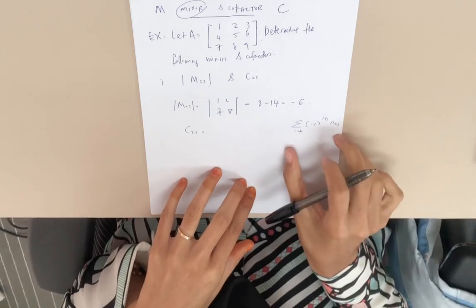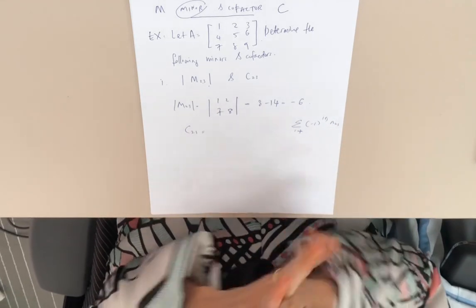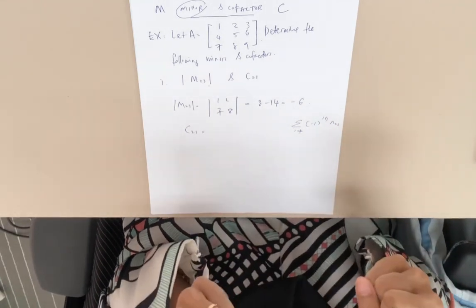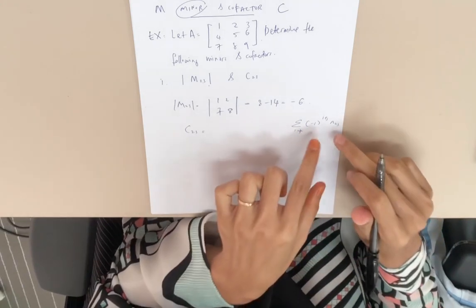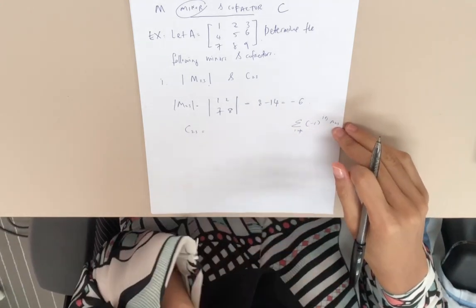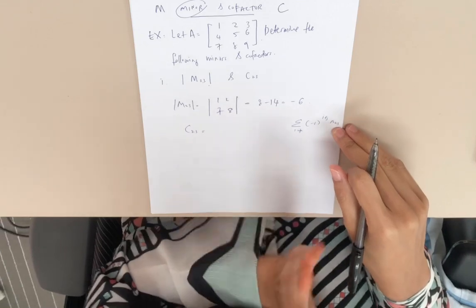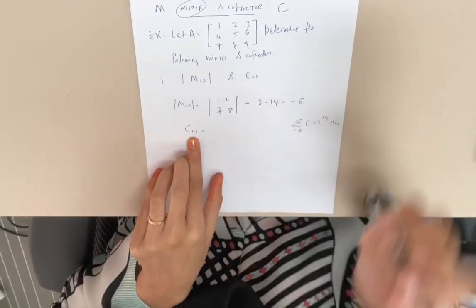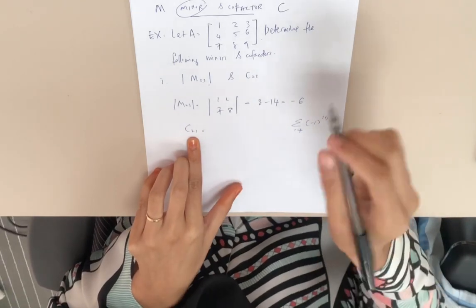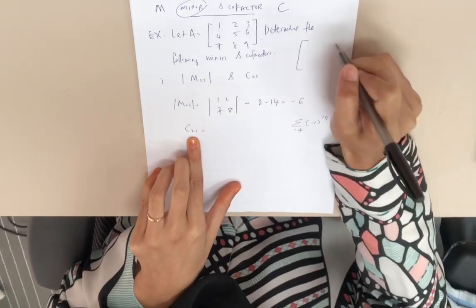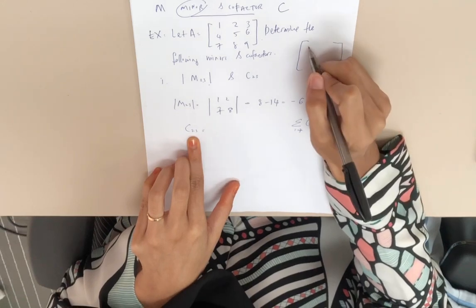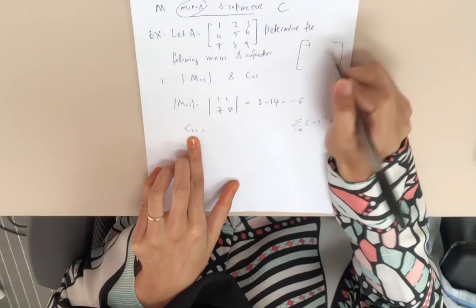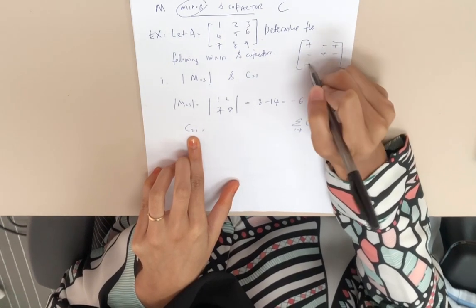You can refer back to the formula, but there is an easier way to get the value instead of using this formula. Maybe some of you will be confused by the i plus j. So actually there is a simple way. You need to recall the sign pattern of matrices. The operation here is plus, minus, plus, minus, plus, minus, plus, minus, plus.